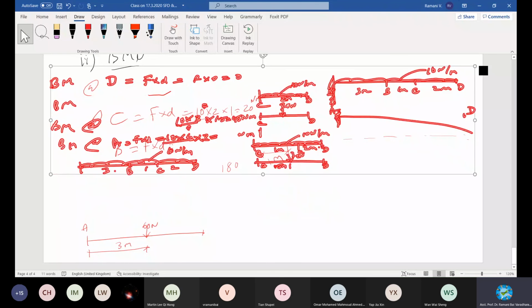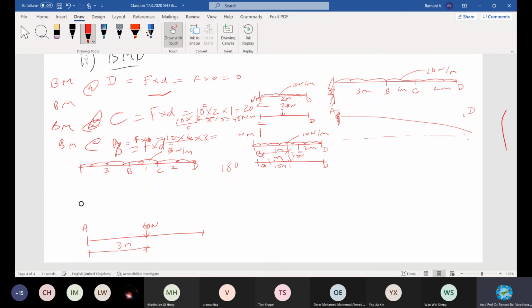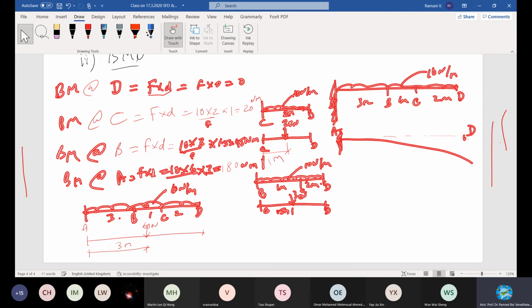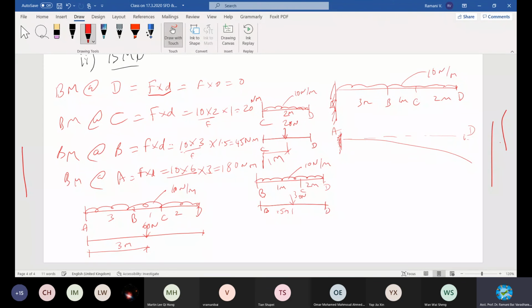Where's the diagram? One moment. That's all.